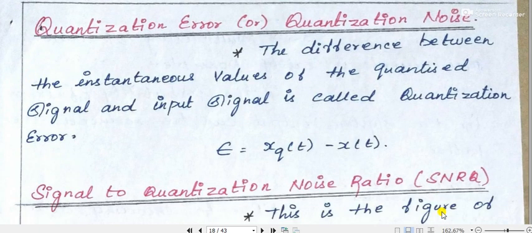Quantization error or quantization noise is the difference between the instantaneous values of the message signal and the quantized signal.